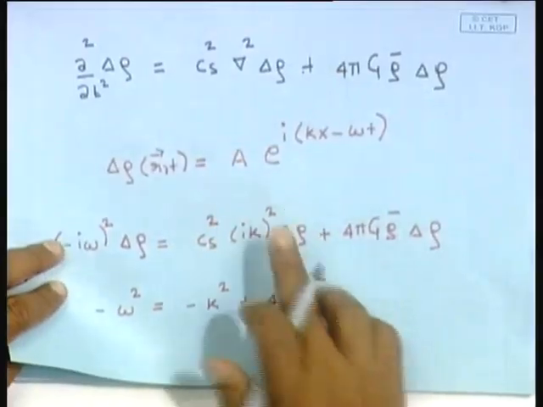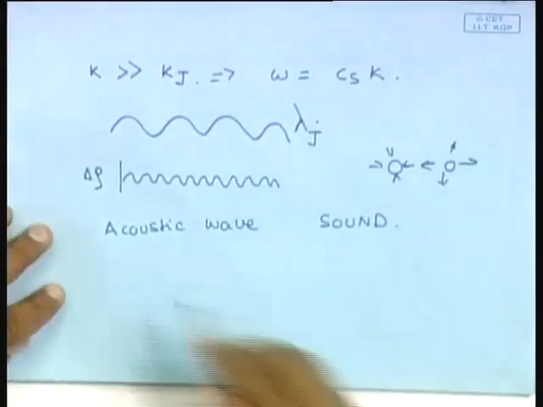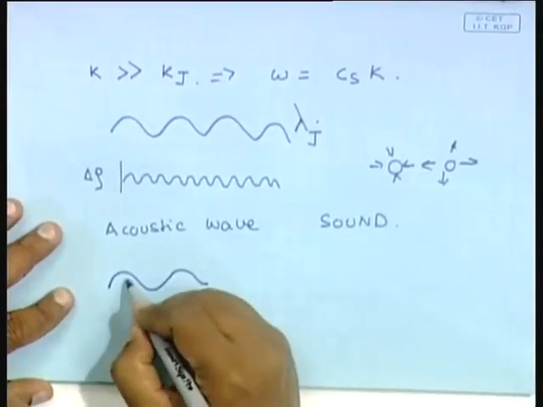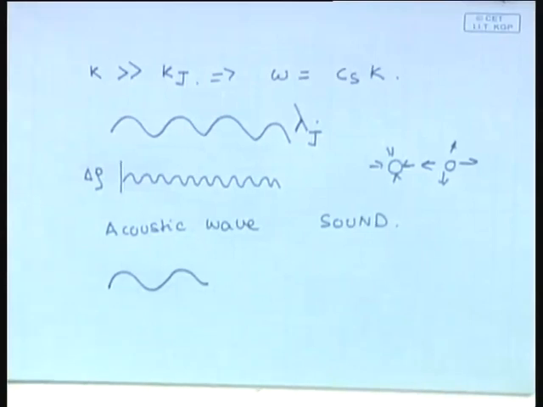Now, if this gets pushed out, the region outside will now get compressed, and that will again push it in. So you have this interplay, and you have a disturbance that propagates, because this is a traveling wave solution. So with time, this wave, I have a wave like this. After some time, the disturbance would have moved forward.